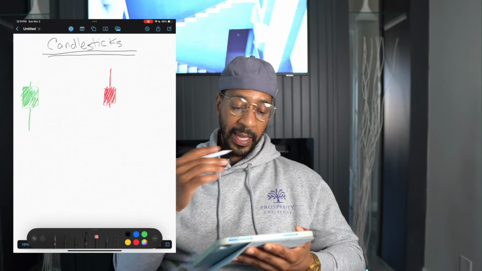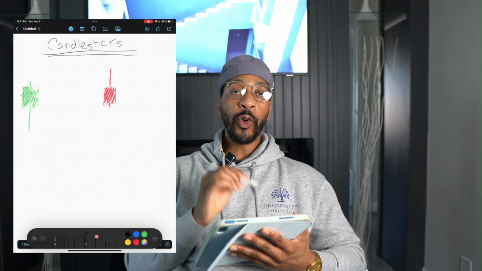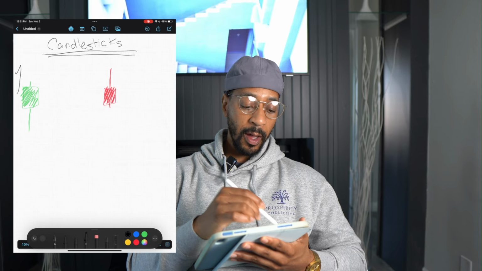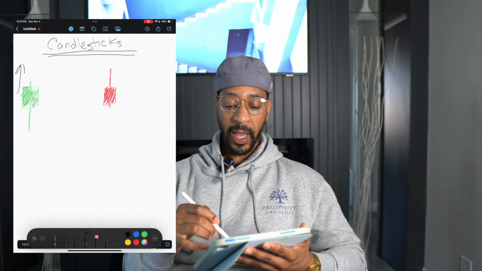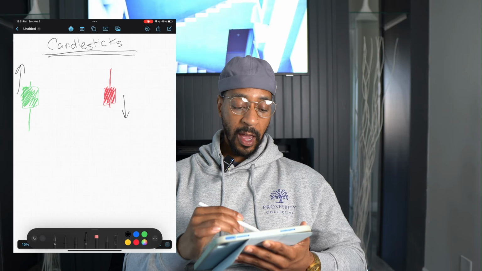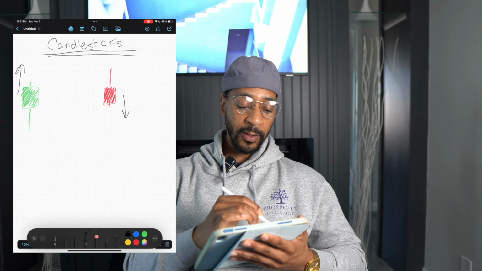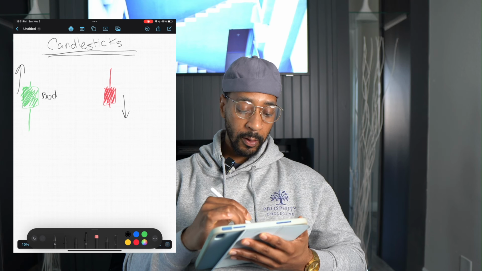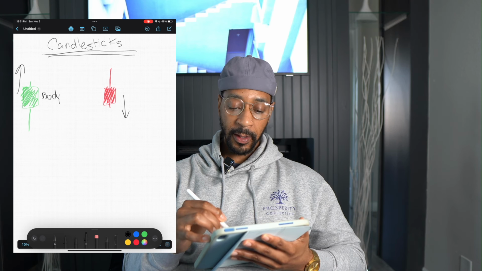For the candlesticks, if this is a green candlestick, that means the stock is coming up. If it's a red candlestick, that means the stock is coming down. Now, this rectangle is the body, and same on the red side. This is the body.